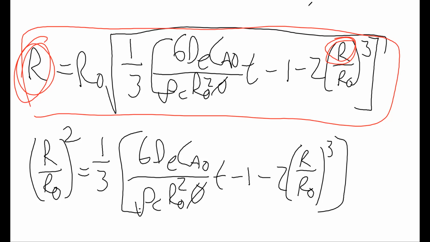Now, I did see someone do a really neat trick with this, because you know that this 6dE times CA naught divided by rho C times r naught squared times phi thing is never going to change value, right? It's essentially just one big constant that just sits there.